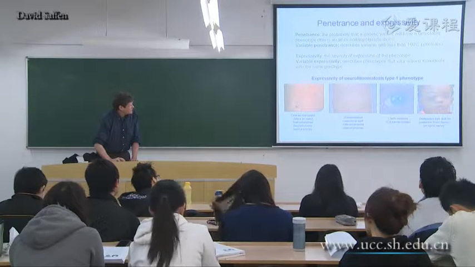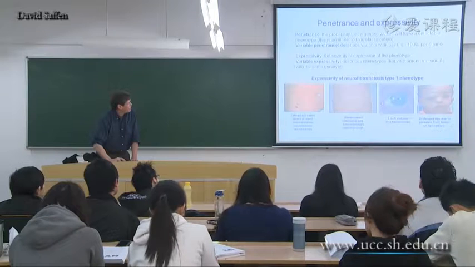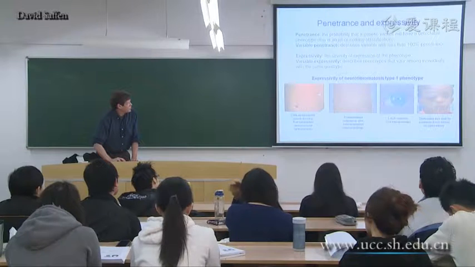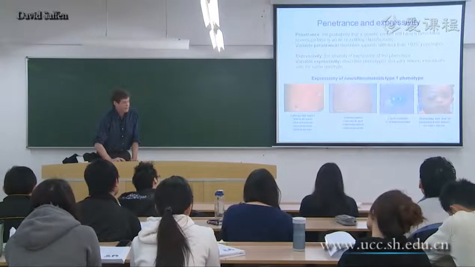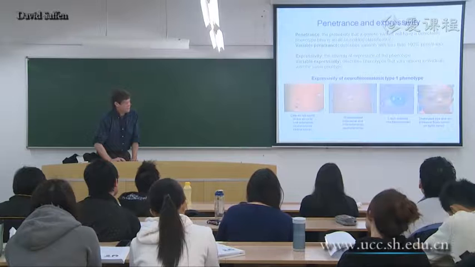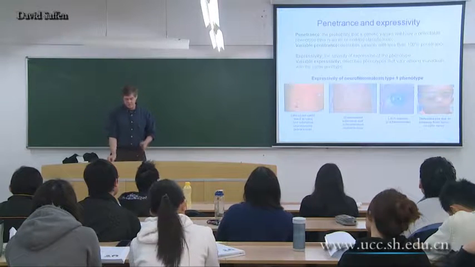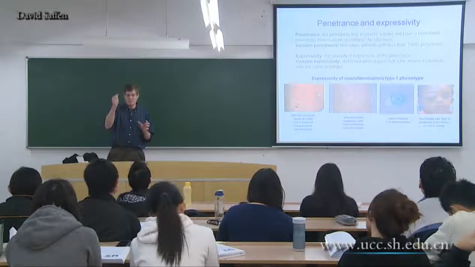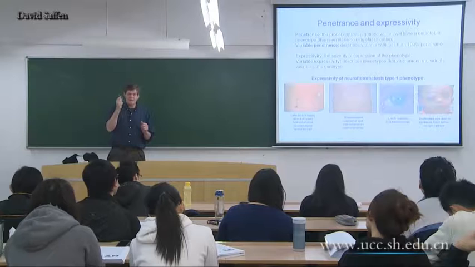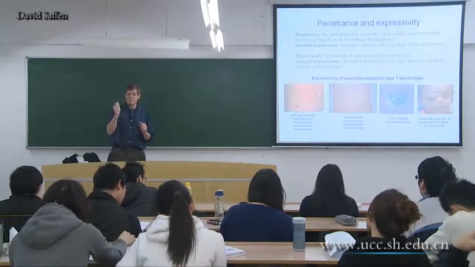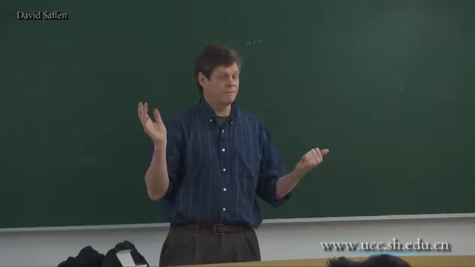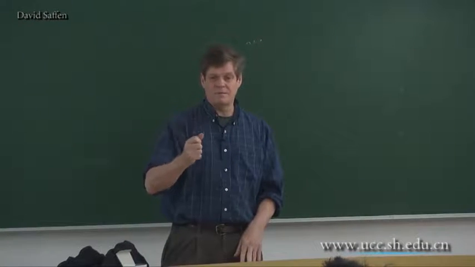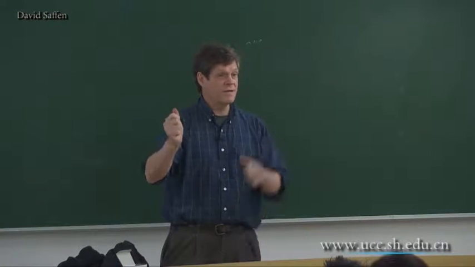When we think about these symptoms, there are two characteristics that are important to know about. And one is the so-called penetrance of a phenotype. And penetrance refers to the idea that, suppose you have this mutation, and it's a dominant mutation. Even though you carry this mutation, you actually may not be affected at all for some reason. Whereas if you looked at 100 people, you may find 30 are not affected and 70 are affected.